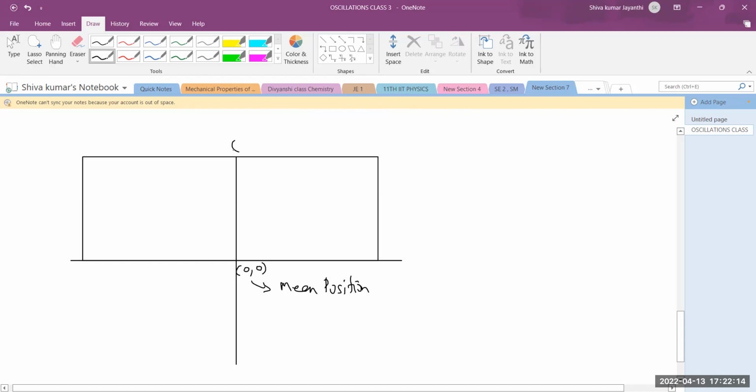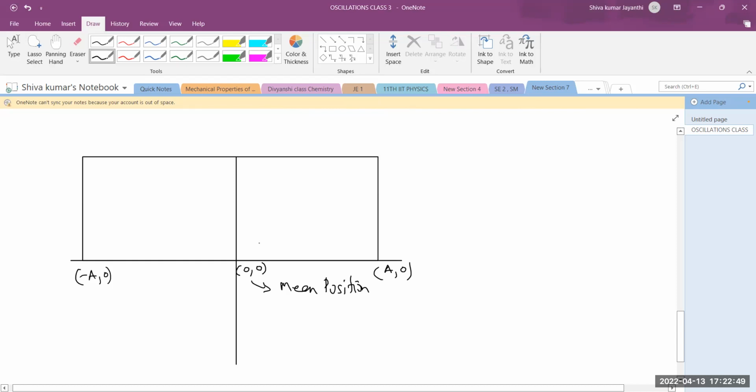So I put these points on the x-axis: amplitude comma 0, 0 comma 0 at the mean position, and minus amplitude comma 0 here.